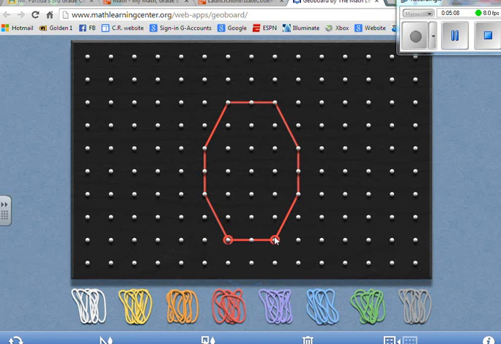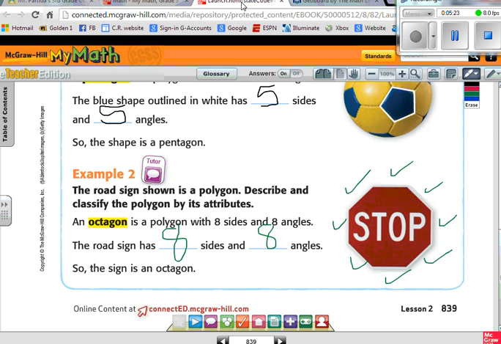This one has 1, 2, 3, 4, 5, 6, 7, 8. So this is also an octagon. Okay, and this particular shape does not look like the one in the picture, right? But it still has 8 sides, right? Yes.